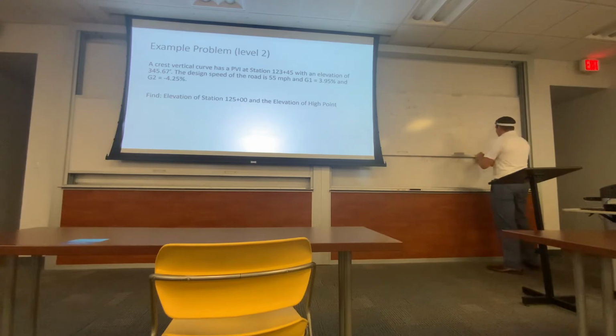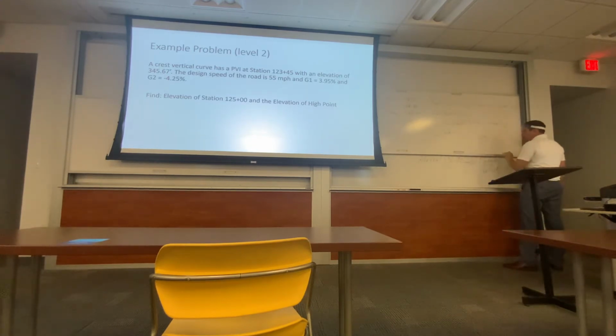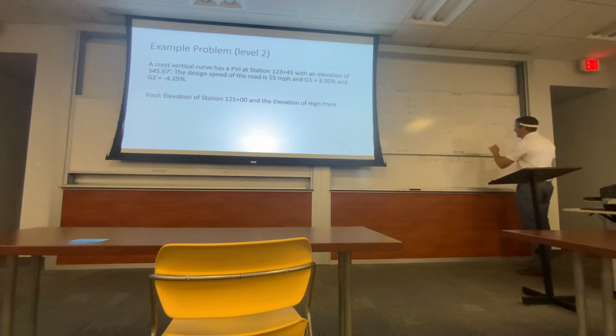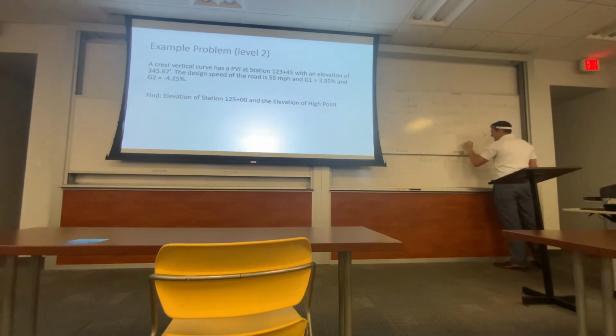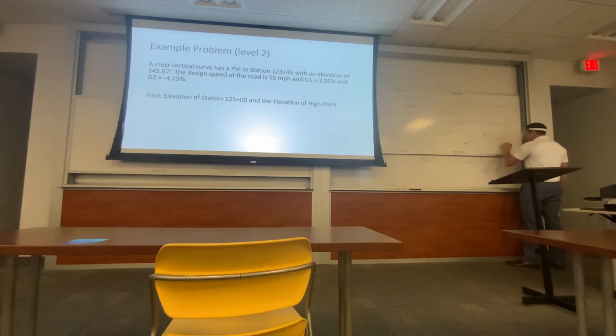Okay. So if we were to sketch this out a little bit, we have PVI at 345.67, PVC at 324.54, and PVT at 368.41.